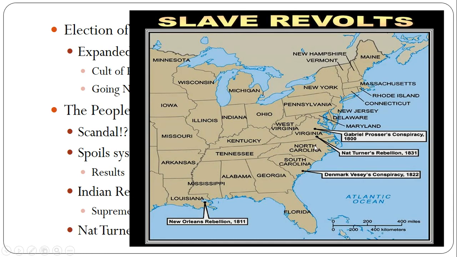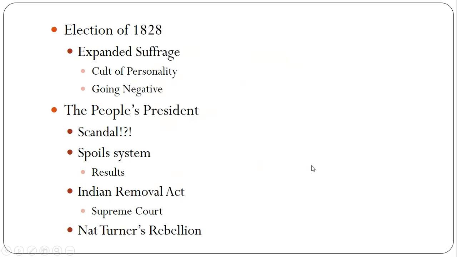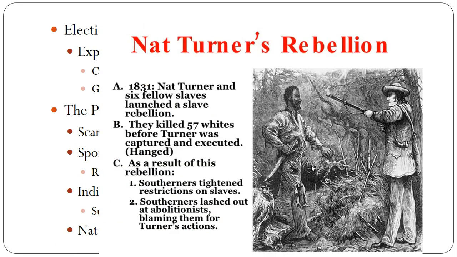Nat Turner was an educated and relatively well-read slave, and was able to raise a group of enslaved people, and they went from plantation to plantation, freeing slaves and killing the slave owners. And so this was every Southerner's worst nightmare, that a group of organized enslaved people would rise up and kill them, because in a lot of areas, enslaved people outnumbered the slave owners.